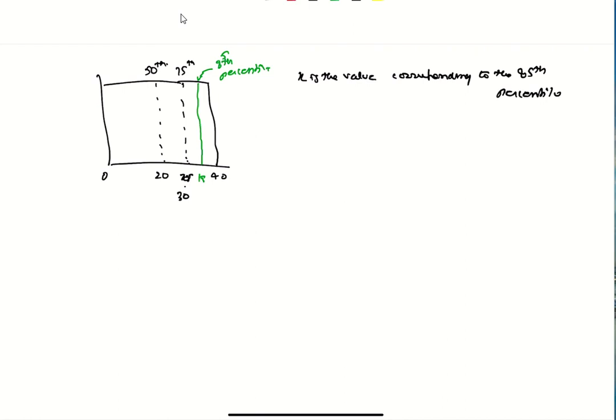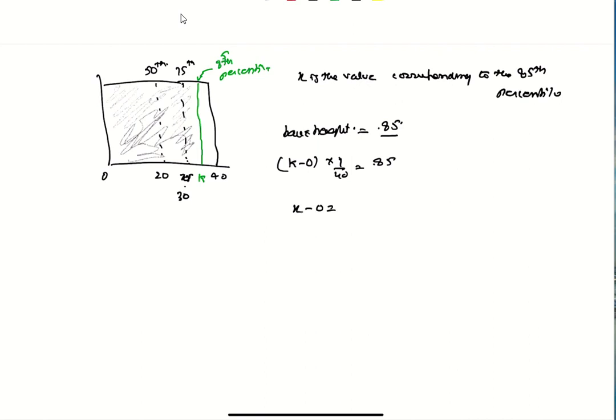We are basically interested in all this area which is to the left of the 85th percentile, which will give you the waiting period for that, and that will be calculated by base times height. The area is 0.85, and the base is k minus 0, times the height 1 by 40, is equal to 0.85.